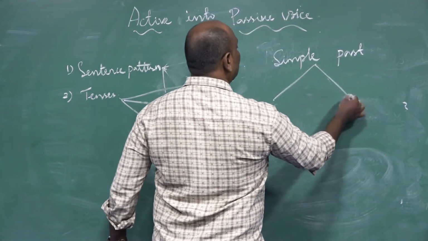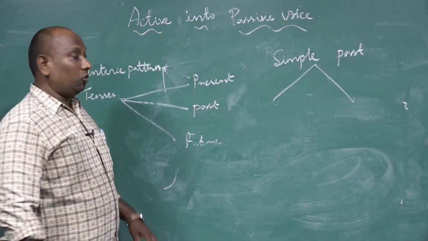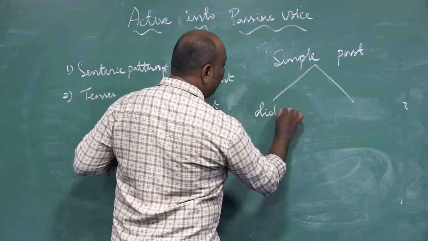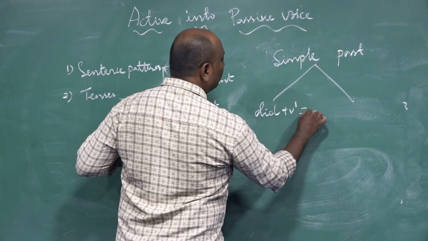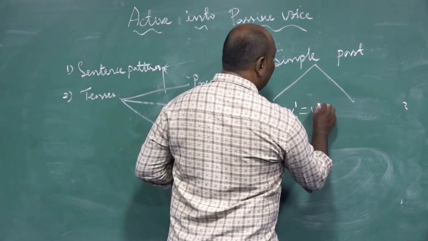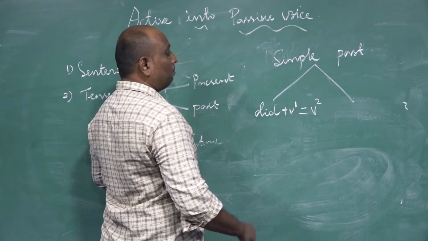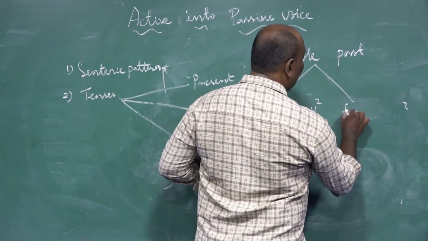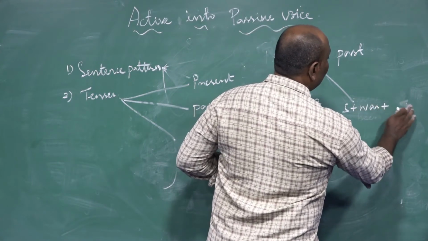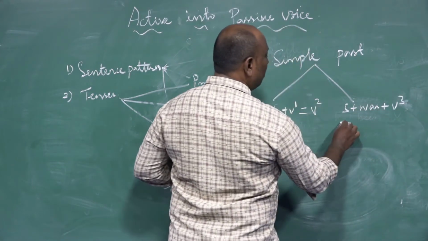For simple past, for writing active voice, you should know what is the auxiliary we require. Active, did plus verb first form. While you write did plus verb first form, we'll change it as verb second form. For passive, singular, we require was plus verb third form.